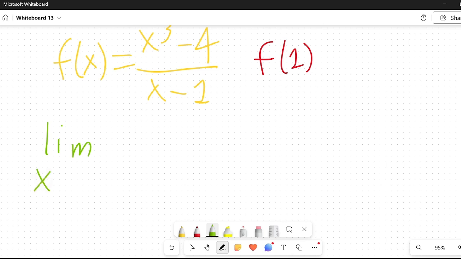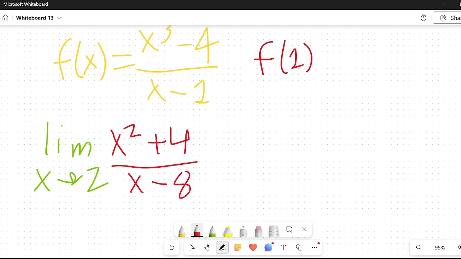Let's say this is the limit notation: x as it approaches some value, let's say 2, of a function. This function could be x squared plus 4 over x minus 8. Typically the easiest and best way to do this is, if you can plug it in, just plug it in.